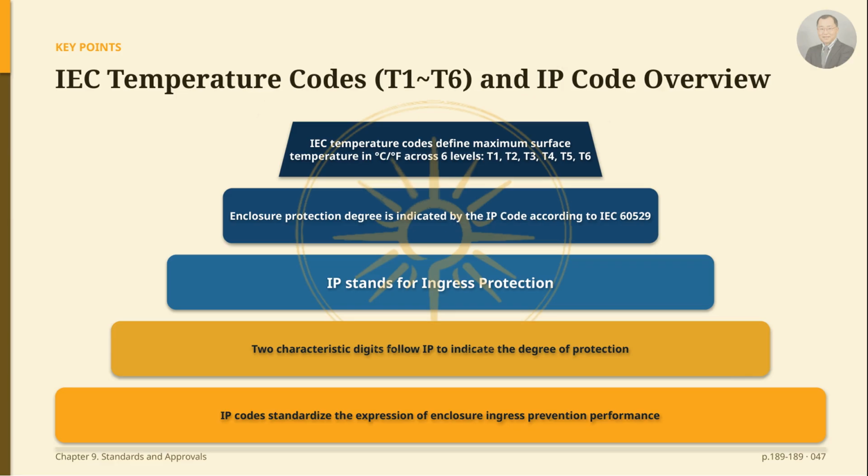IP is an abbreviation for ingress protection. This code consists of the letters IP followed by 2 characteristic numerals, which indicate whether the equipment conforms to the desired level of protection. Ultimately, the IP code is a means of expressing how well an enclosure prevents the ingress of foreign objects or water in a standardized way.